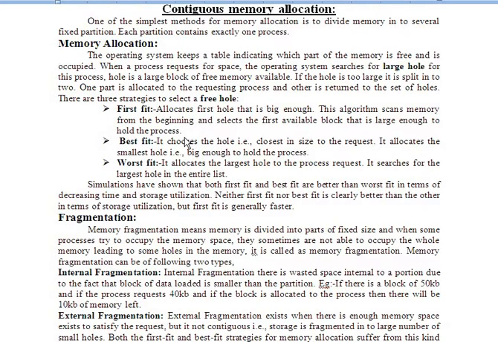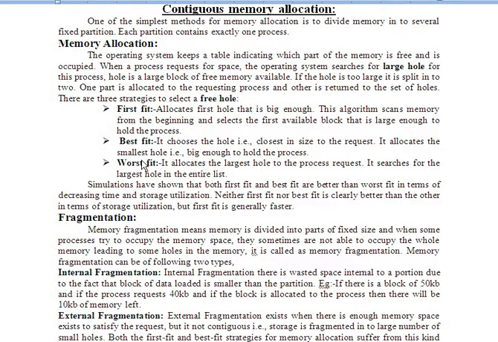Here, the partition which is equal or almost equal to the process size is allocated. It chooses the hole closest in size to the request. It allocates the smallest hole that is big enough to hold the process.